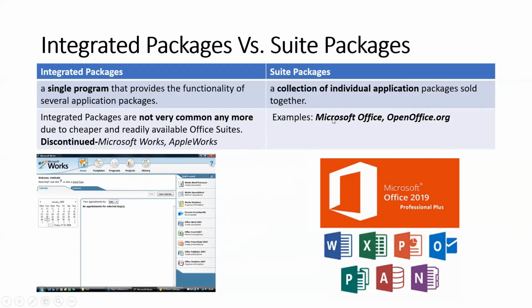The example is the very famous Microsoft Office right now. It means individual applications sold in one suite. This is the meaning of suite package. If integrated, it is only a single program with many functions. But this one has individual applications, and each individual application has its own function. We call this a suite package, a collection of individual applications. This one is just a single program with many functions inside, but a suite has many single programs sold in a bundle. That is why we call it a suite package.